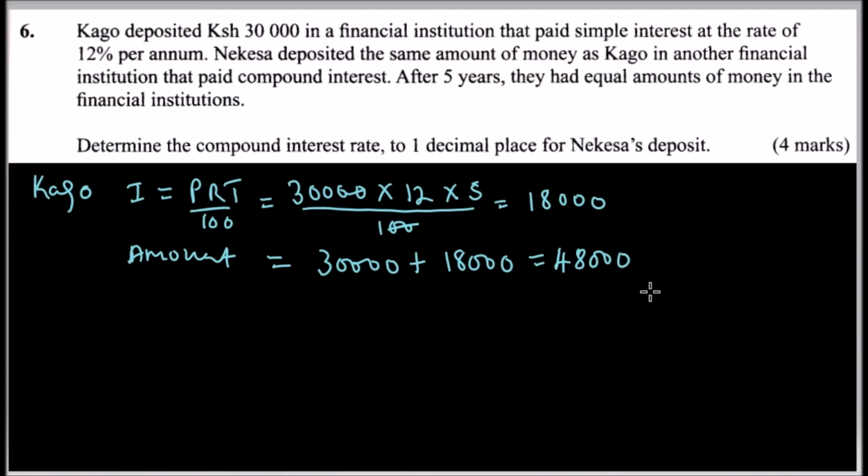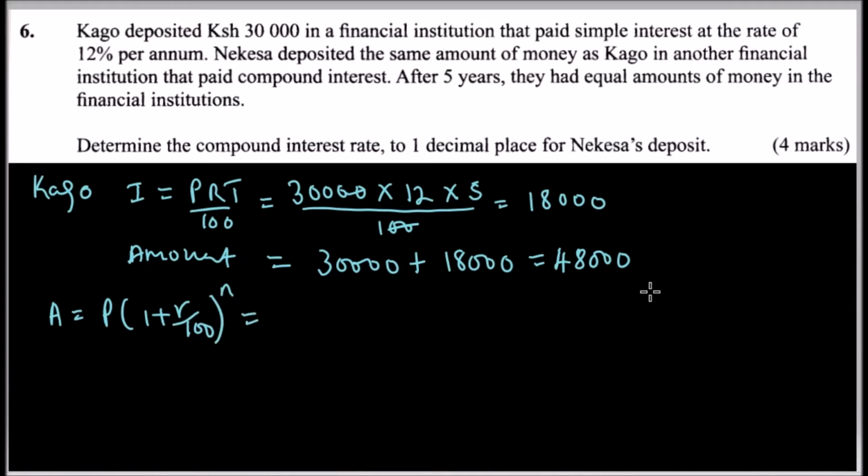Because we are told that after 5 years they had the same amount, the amount for Nekesa was also 48,000. The formula for compound interest is amount equals P, the principal, times 1 plus R over 100, raised to power n, where n is the number of years or time.